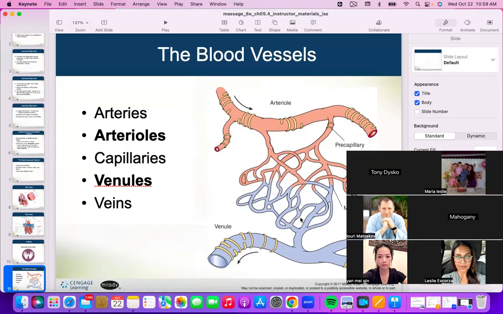On both ends, where the venules and the arteries meet, they meet in smaller blood vessels called capillaries. They're called capillaries on both ends, on the arteriole side and on the vein side. That's where the exchange happens.